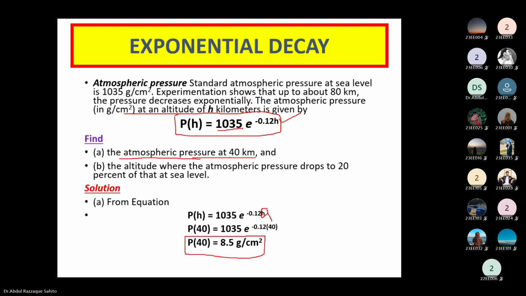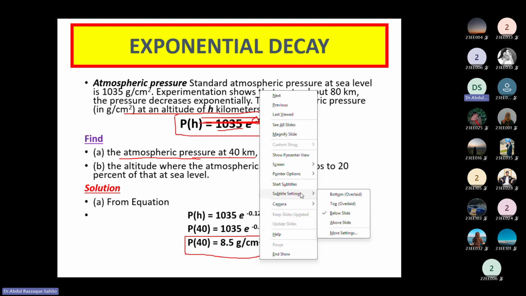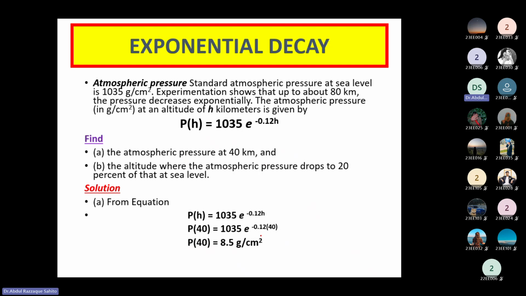It will decrease, because here we have a negative sign. If while calculating the same model you remove the negative sign and make it positive, then it will increase. But here you can witness that the pressure at the 40 kilometer height has decreased from 1035 to just 8.5. So we have a considerable drop.